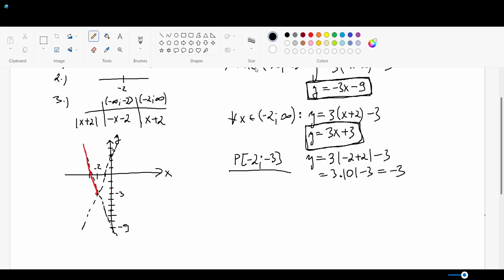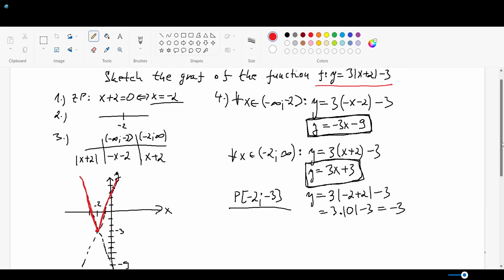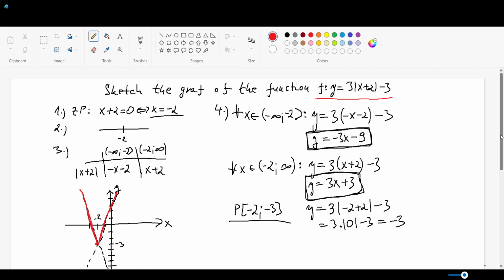So to sketch the graph, we should sketch it something like this, and the same procedure applies as before. We are interested only in this part of the graph. Okay, so this is how we sketch the graph, by using this technique, and all the information we have learned so far.